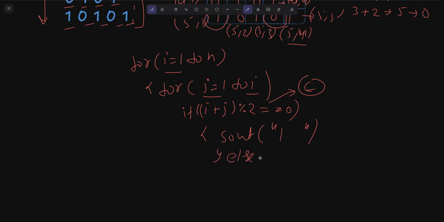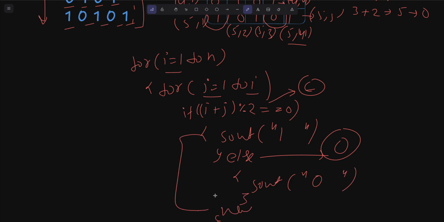Else, in the case of an odd number, we print 0, and then close the loop and print a new line. This is the way we develop the intuition: when we add the row and column number and the modulus is 0, it's even and we print 1, else it is odd and we print 0.